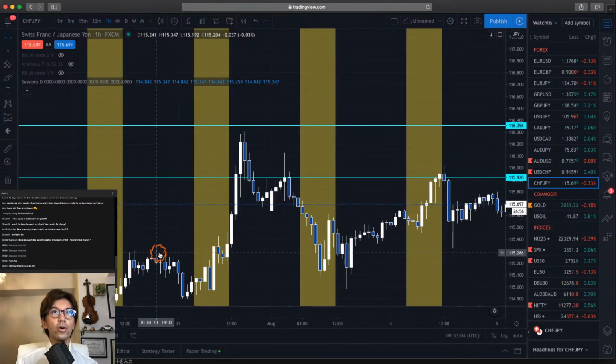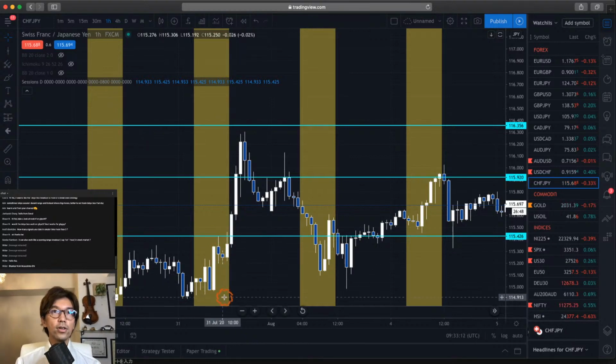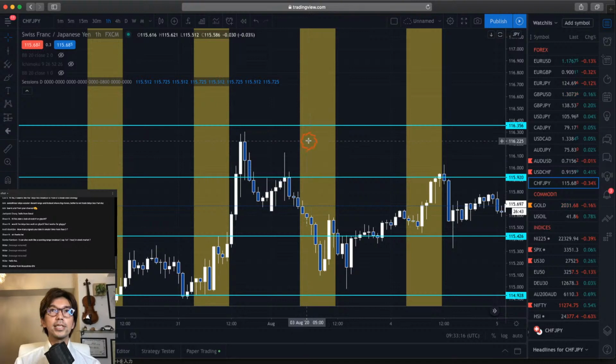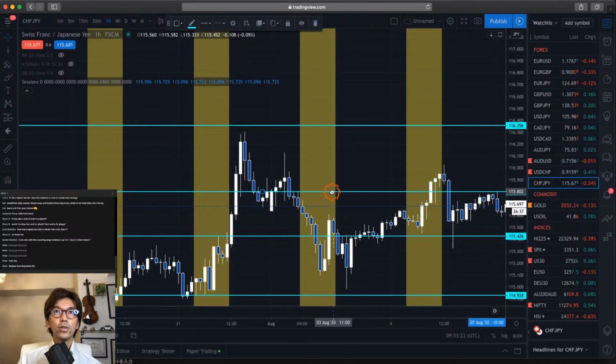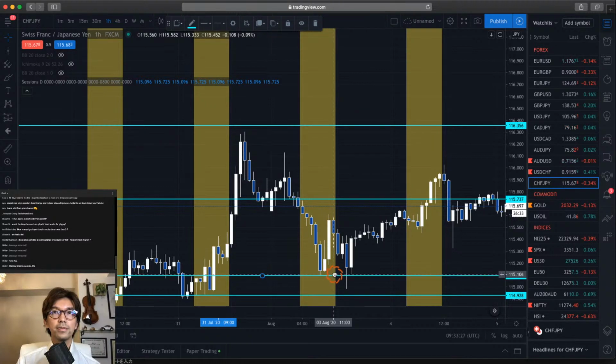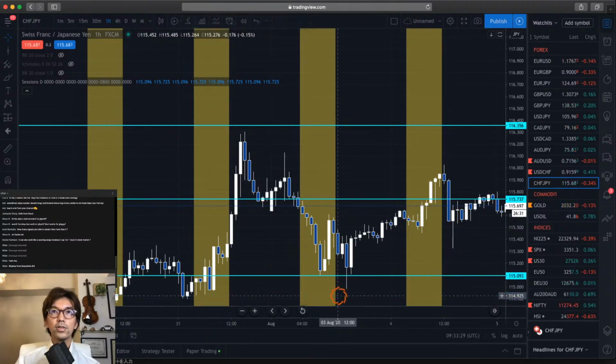These days were okay. I mean, this was the highest price on this 31st of July, highest price and lowest price of the yellow Tokyo box, and it went upwards. And on the next day, on the 3rd of August, the highest price of the Tokyo time was here, and the lowest price was here. Let me just take this out.